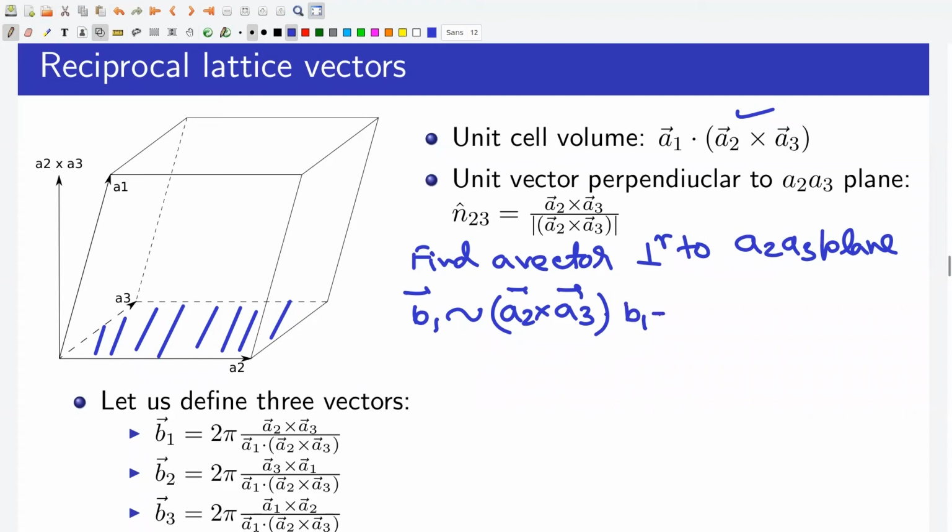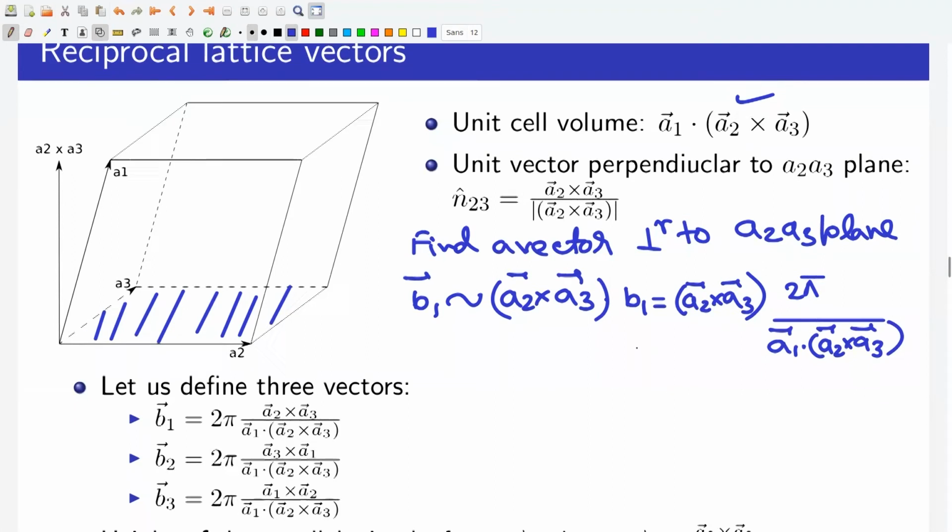So B1 is A2 cross A3. We take this vector, multiply it with 2 pi and divide it by the volume, A1 dot A2 cross A3. This is the definition of B1.